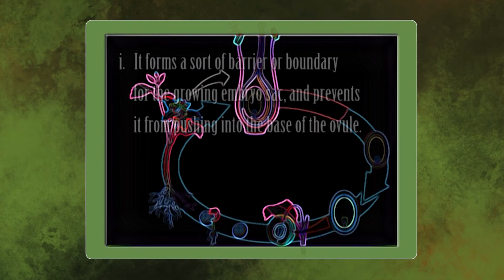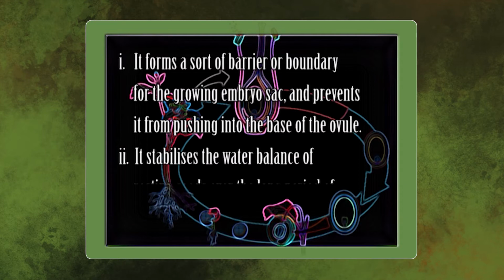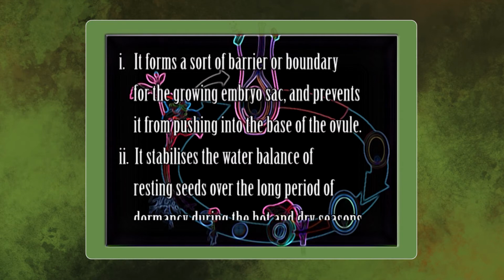Some of the functions attributed to hypostase are: number 1, it forms a sort of barrier or boundary for the growing embryo sac and prevents it from being pushed into the base of the ovule. Number 2, it stabilizes the water balance of resting seeds over the long period of dormancy during the hot and dry seasons.